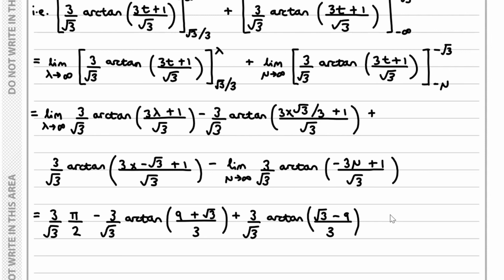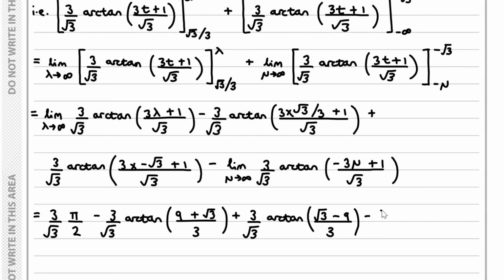And then here we've got minus, well, as mu tends towards infinity, here we're going to have negative infinity inside the bracket. So we've got the arctangent of negative infinity, which is just minus pi over 2.